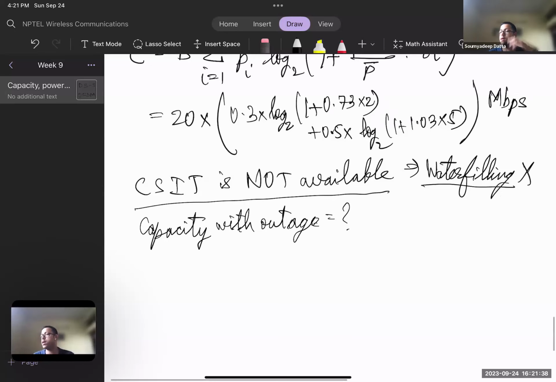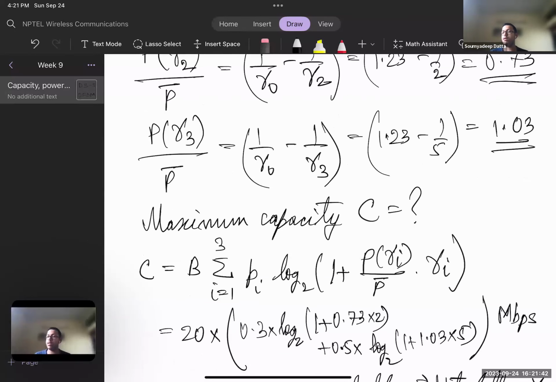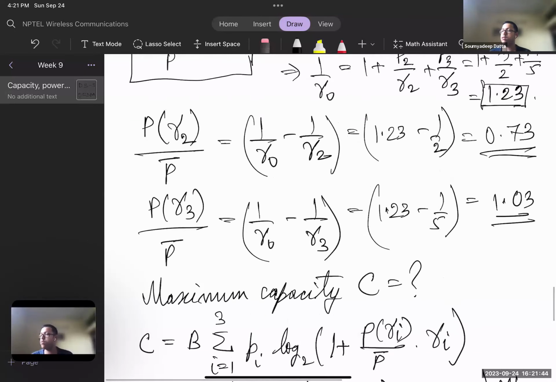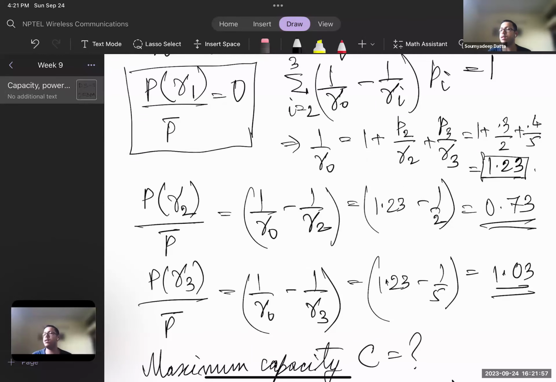I'll just explain again. For water filling, all of this mathematics is fine. You solve, you get the answers, and all that is fine. But when you are actually doing the power allocation, you need to know that the channel is in a particular state, right? You need to know that if the channel is now in state gamma 1, I'll not allocate any power.